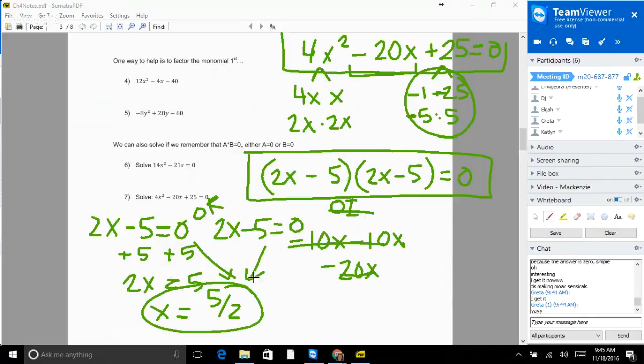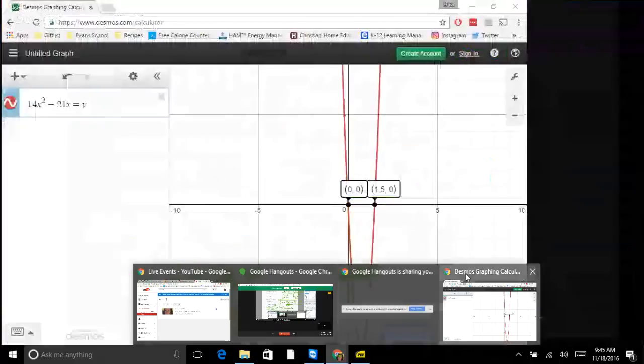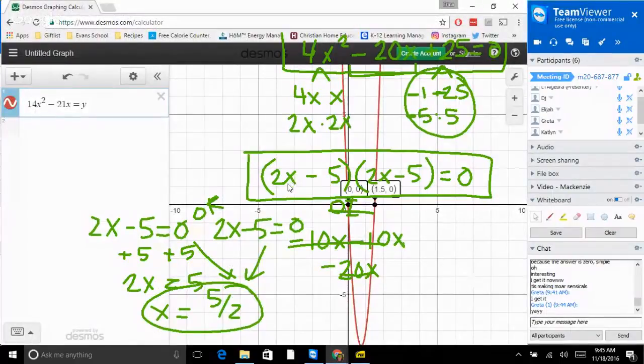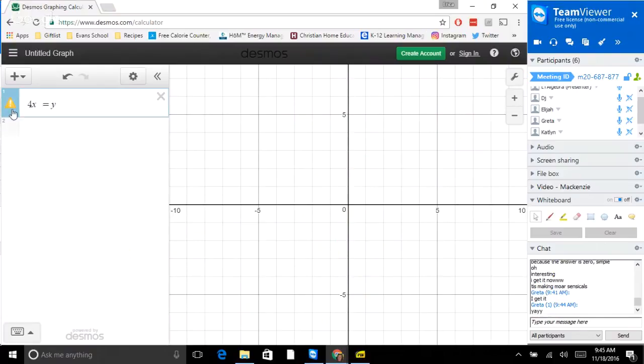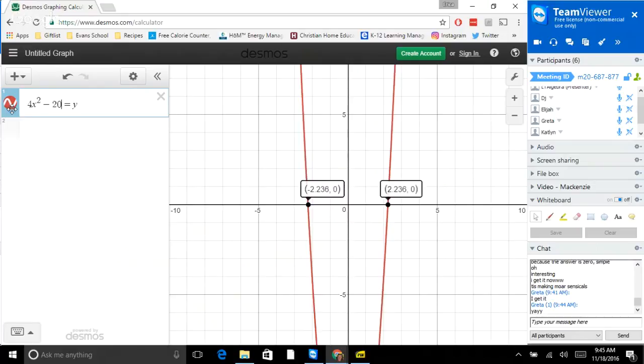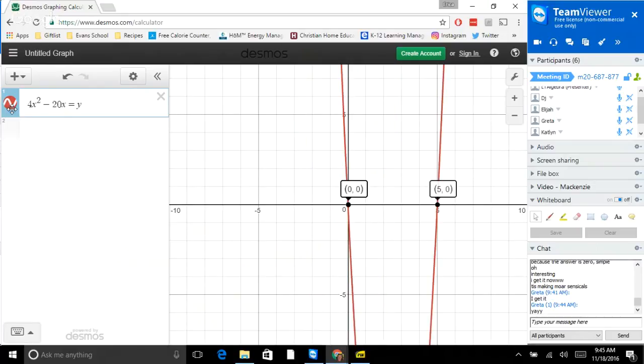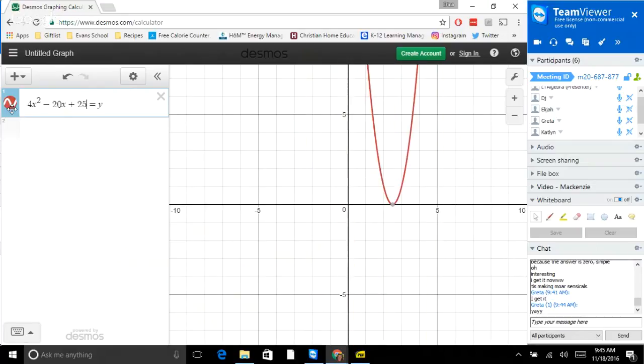So now let's flip over to Desmos and see how this works out. Whoa, let's turn that whiteboard off. There we go. We've got 4x squared minus 20x plus 25.